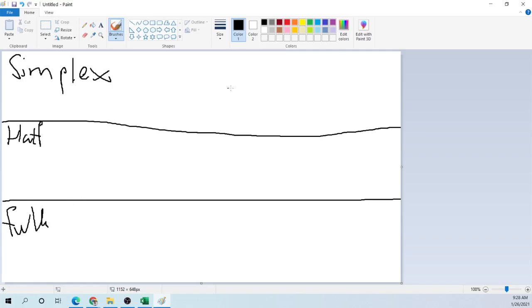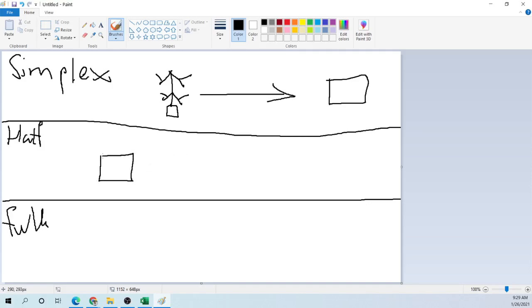A simplex would only be, say for example, this is the antenna. It only sends data in one direction, and this is your TV. So only one direction.